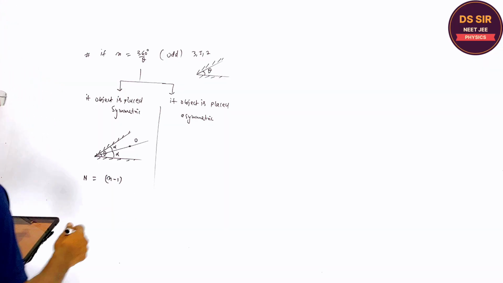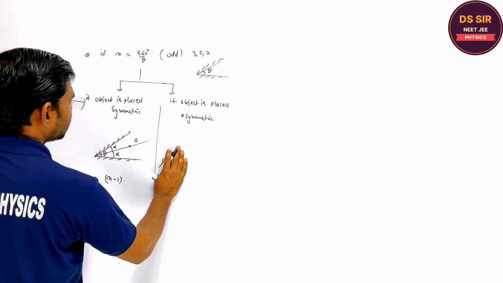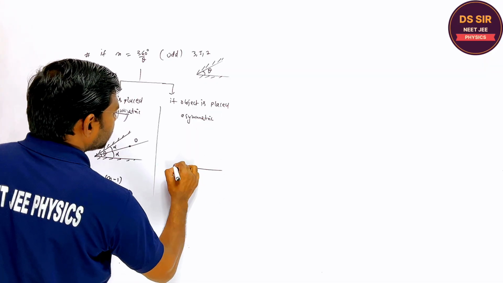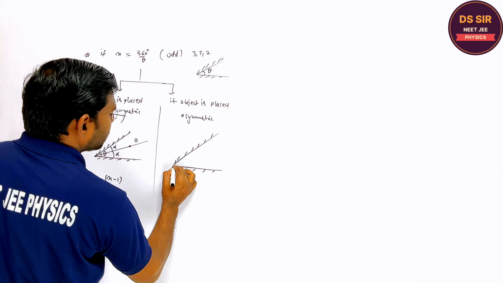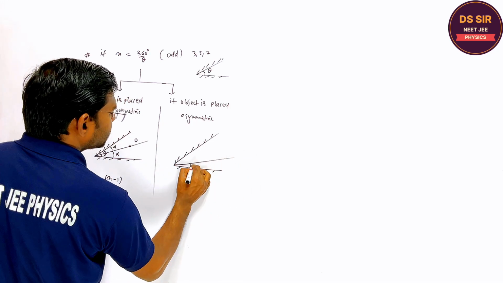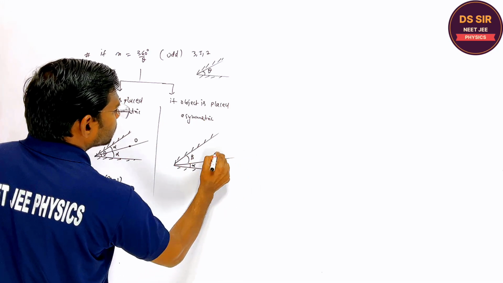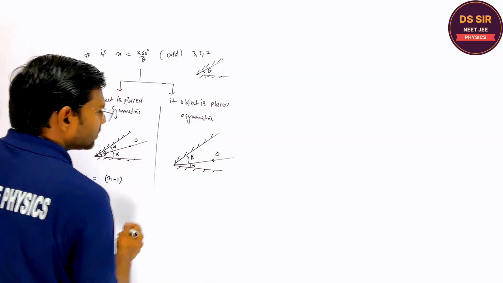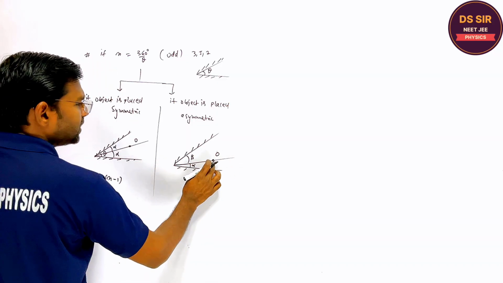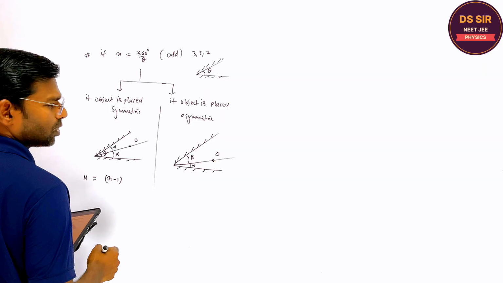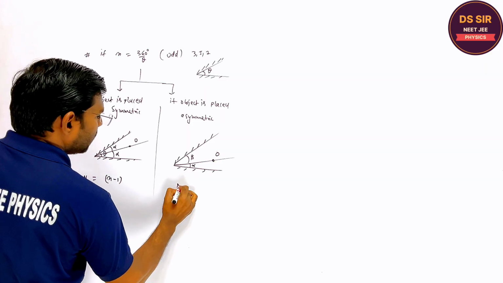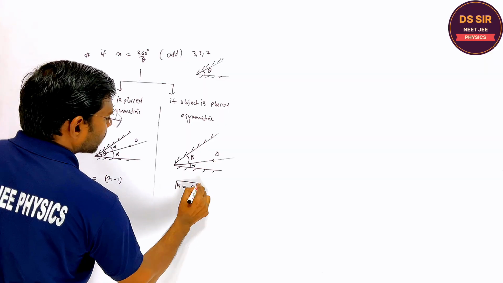N minus 1. But if the object is placed asymmetric, these are the two mirrors and the object is placed like this. If this is alpha and this is beta, this is the object. Are you getting? So if it is placed asymmetric and you found n is equal to an odd number, then the number of images is equal to n.